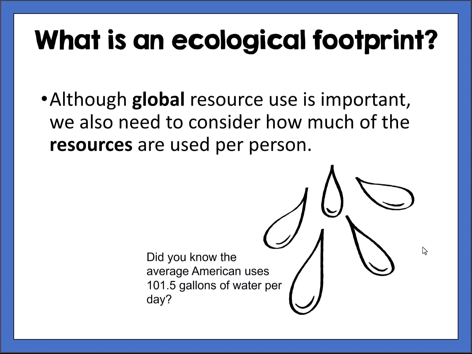Did you know that the average American uses 101.5 gallons of water per day? That is pretty dramatic. That's not something that's going to be able to be recycled in the amount of time that we need it to. We're not using that at a sustainable rate.